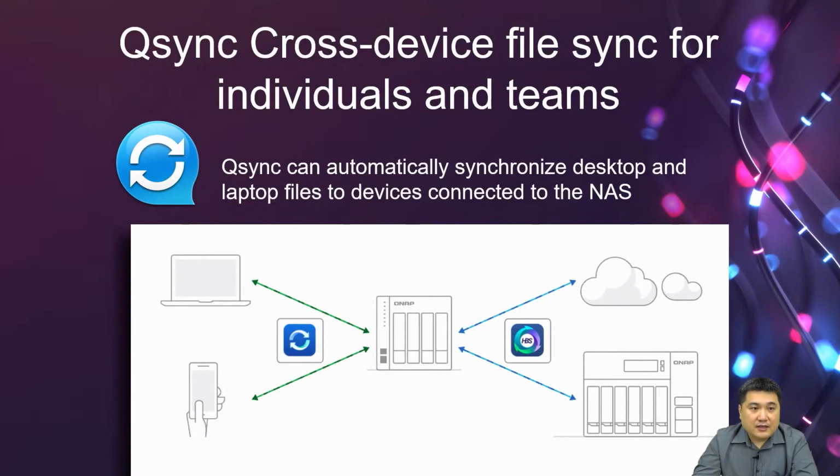QSync can easily synchronize files to various devices such as mobile phones, computers, cloud, and other NAS. Each device can synchronize the latest file, allowing you to work with your team more smoothly.